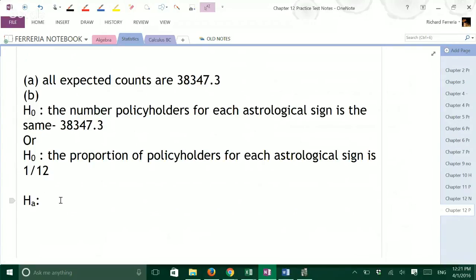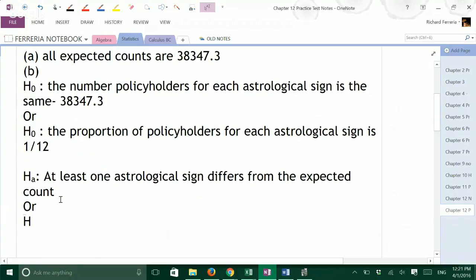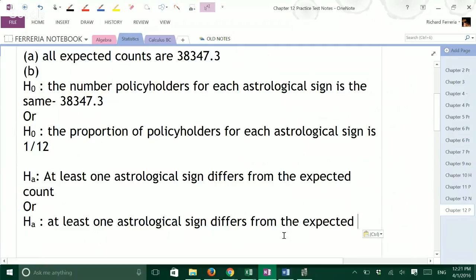Okay, so at least one astrological sign differs from the expected count, or of course, at least one astrological sign differs from the expected proportion.